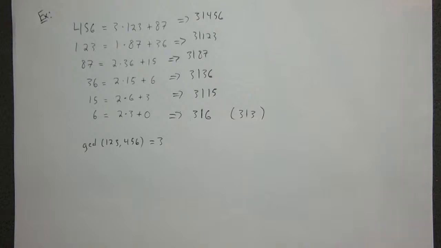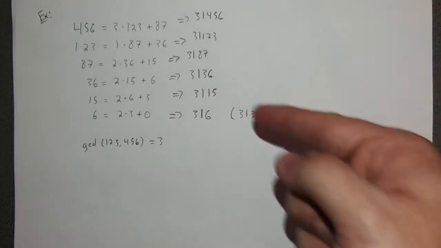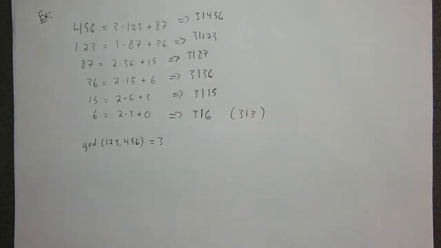But similarly, working down, I can arrive that any common divisor actually has to divide 36, 15, 6, and 3. How is that? How can I say that?